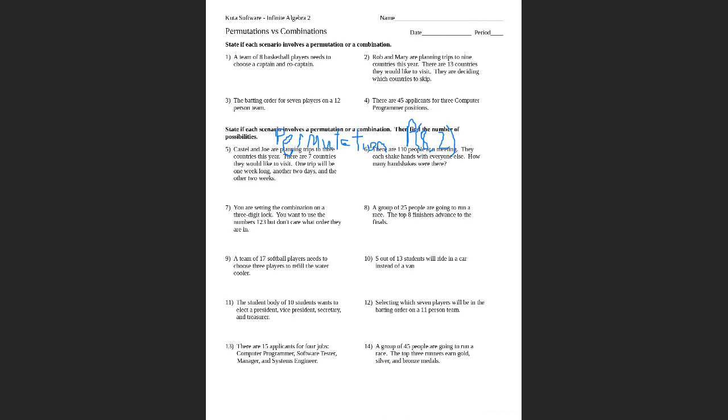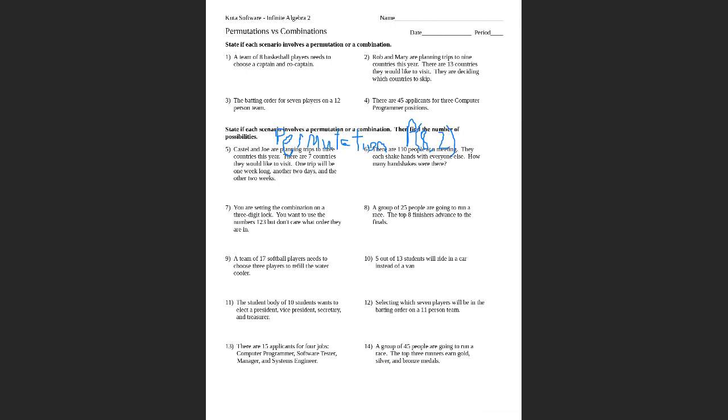Remember, they're deciding which countries to skip. If you think about it, when you're deciding which ones to skip, do you care about order or not? If we're going to skip country A, country B, does it matter what order we say that?